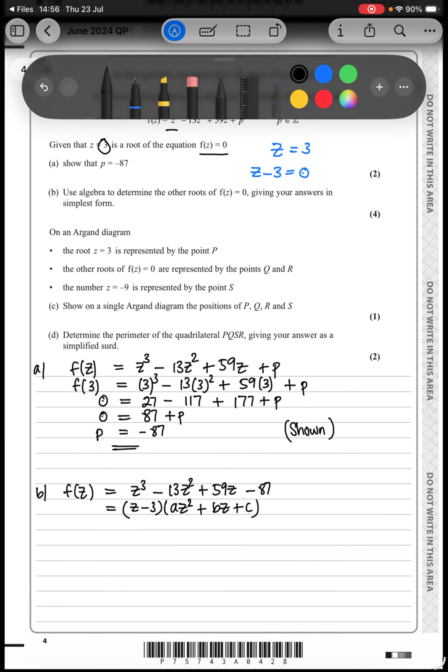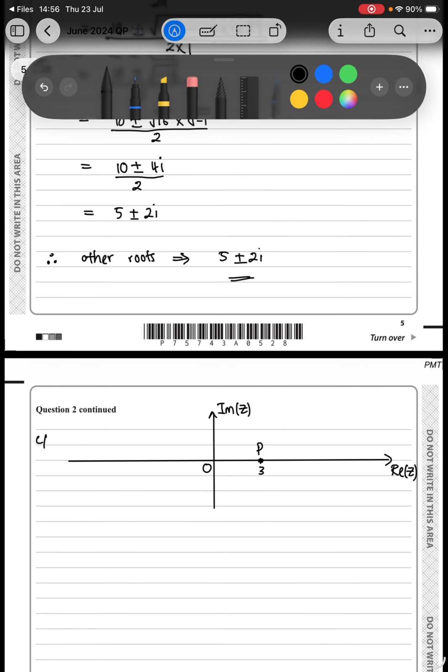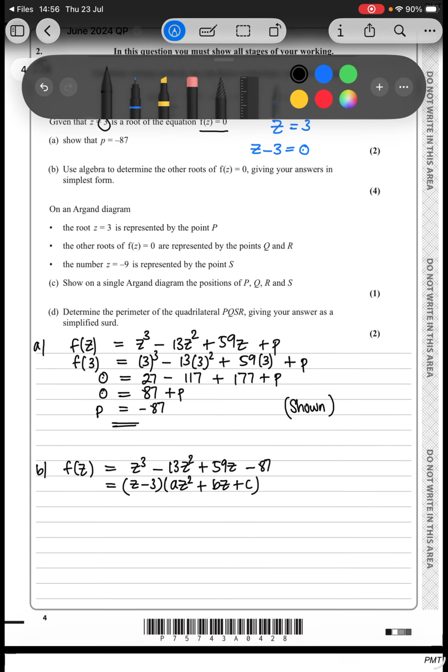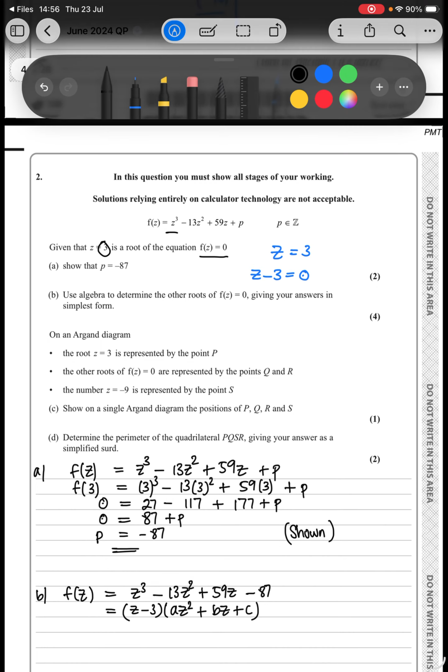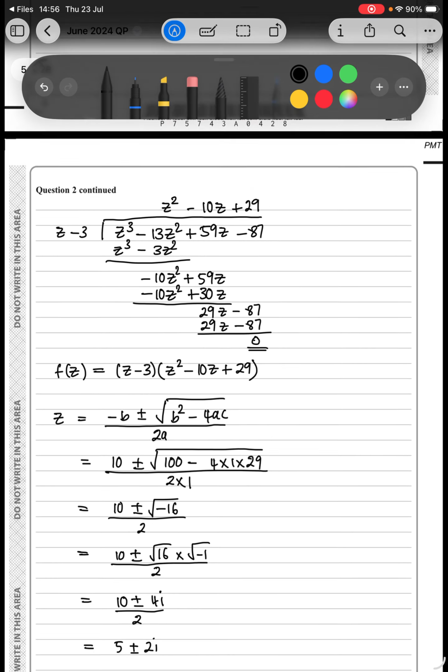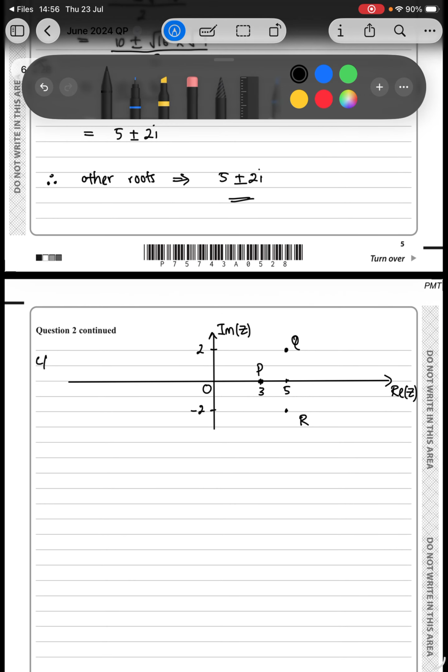Other roots by Q and R. So the other roots are essentially 5 plus or minus 2i. So 5 can be shown here, plus 2 will be this, minus 2 will be this. So this can be point Q and this can be point R. Next point is z equals minus 9, represented by S. So this is far off to the left side of the Argand diagram.